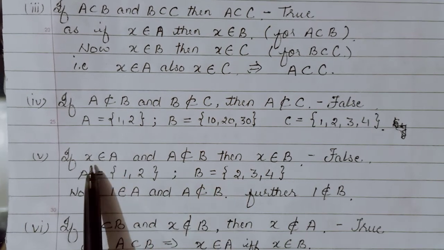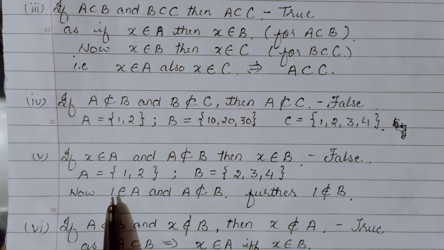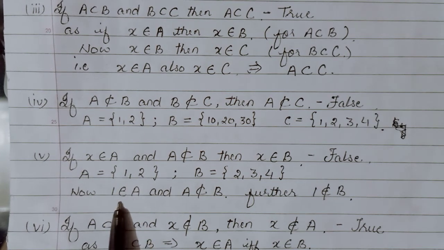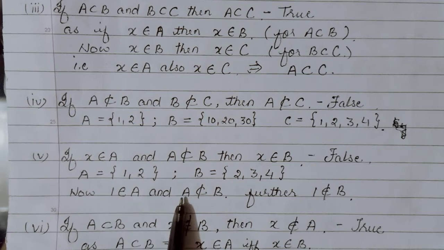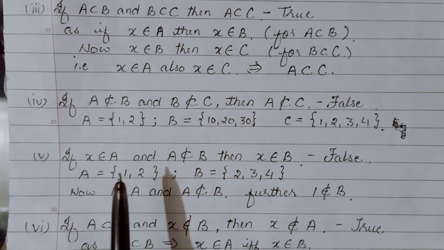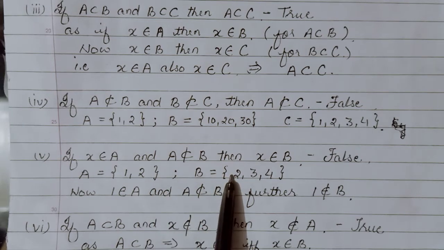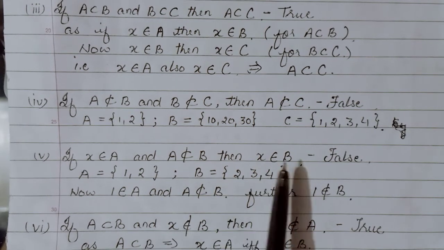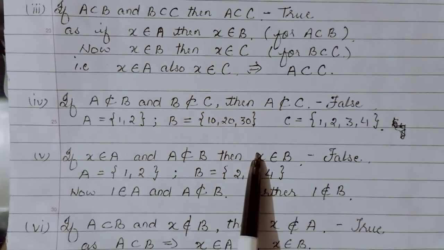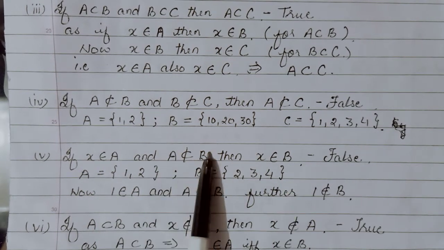Now we had to pick any element of A, which I have taken as 1. So 1 is an entry of set A. 1 belongs to A and A clearly is not a subset of B, but this 1 is not present in B. The statement was saying that it would be present in B as well. If X is present in A, then it would be present in B also, provided this condition.